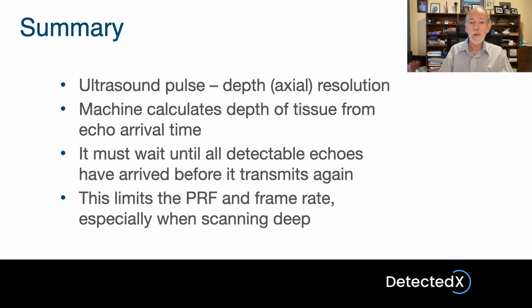I've then discussed the fact that the machine has to wait until all detectable echoes have come back from each transmit pulse before it generates the next transmit pulse. And this limits the pulse repetition frequency and the frame rate. The limit is particularly severe when we're scanning deep, because then the frame rate is relatively low.